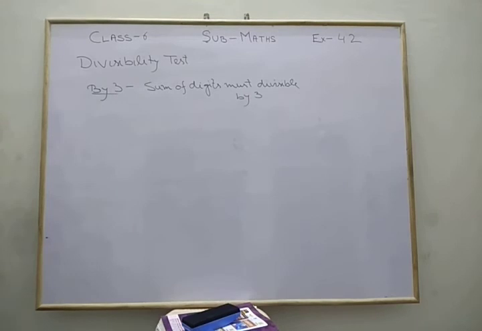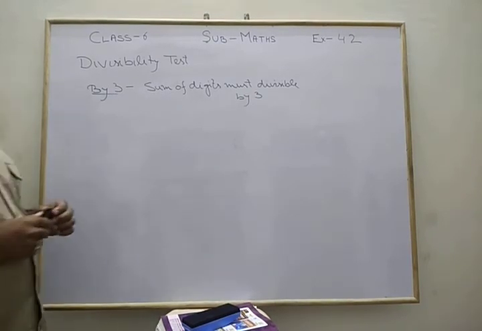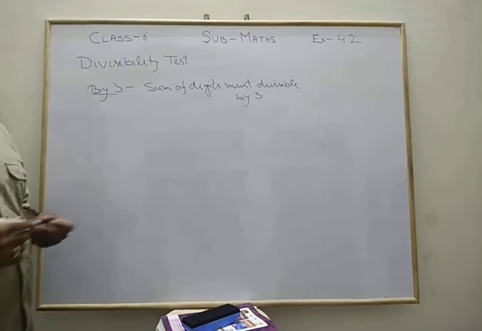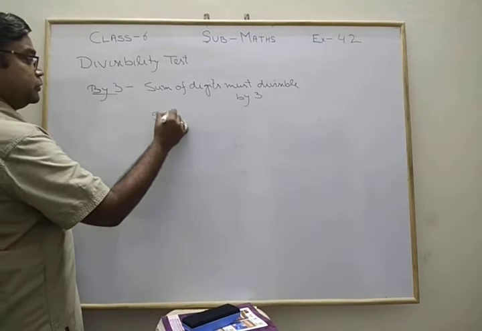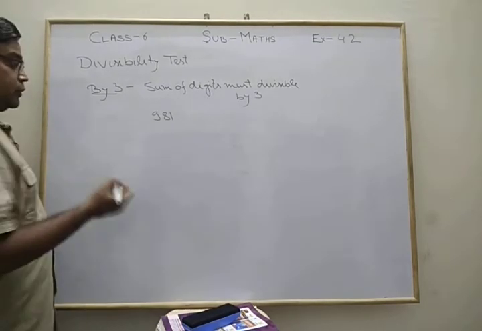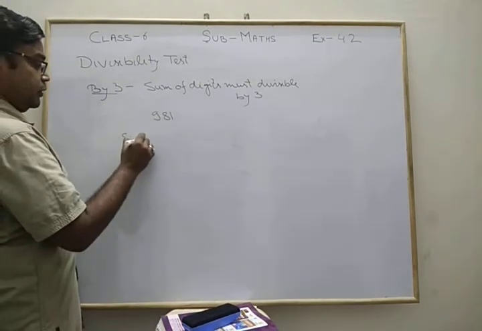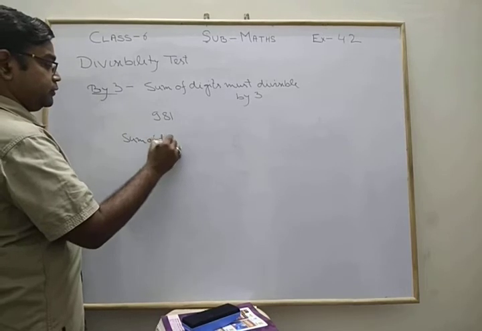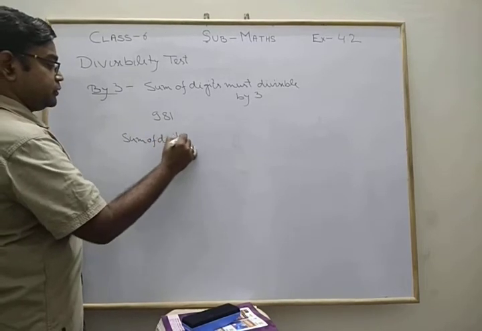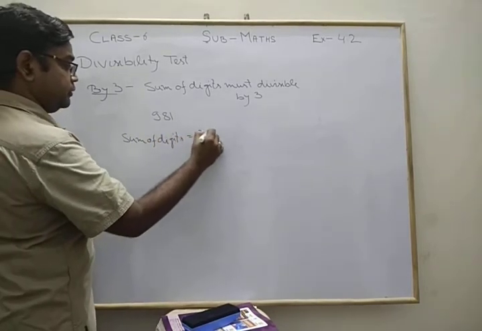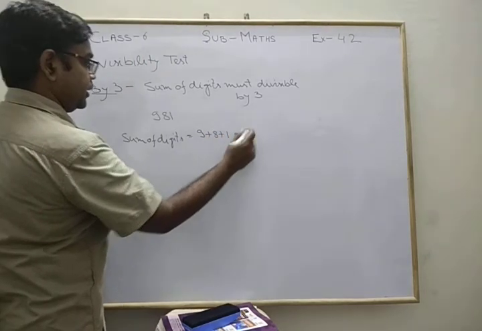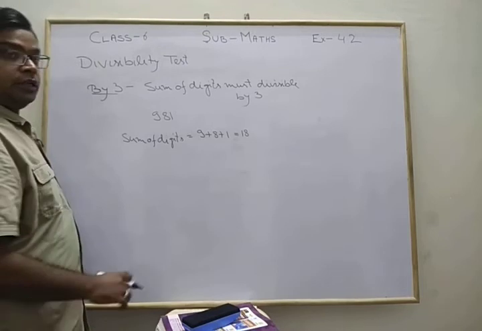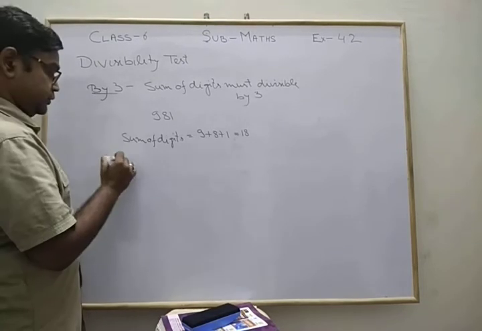For example, the question asks you to find out whether 981 is divisible by 3 or not. So how do we check? We first find the sum of digits: 9 plus 8 plus 1, that is 18. And 18 is divisible by 3, so the number is divisible by 3.